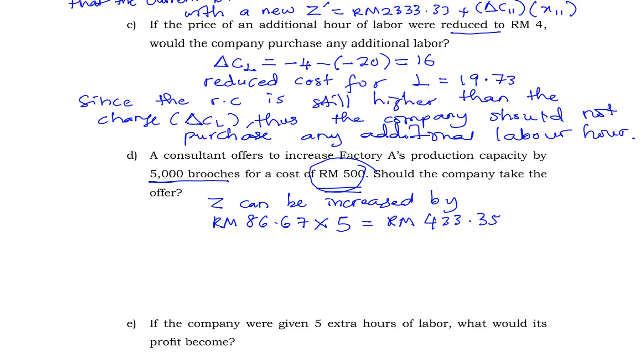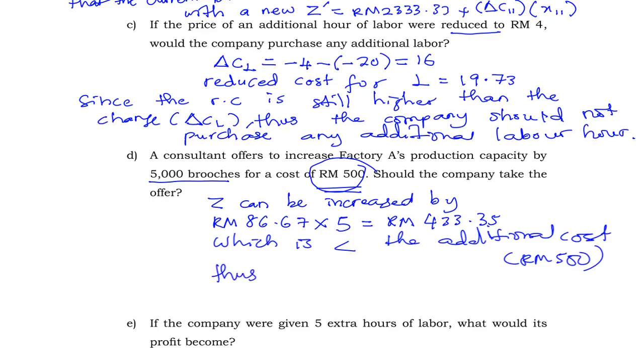Because the additional Z can be increased only by 433, which is less than the additional cost, RM500.